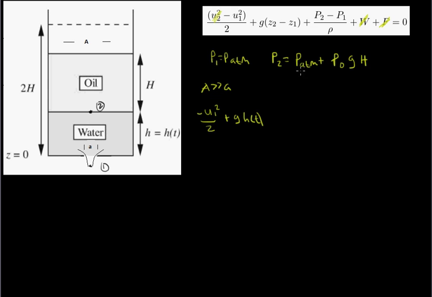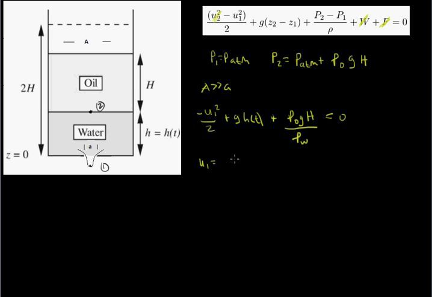So the atmospheric pressures will cancel out, and we'll be left with, no, it's going to be positive, positive rho oil g capital H over rho W. And that will equal 0.